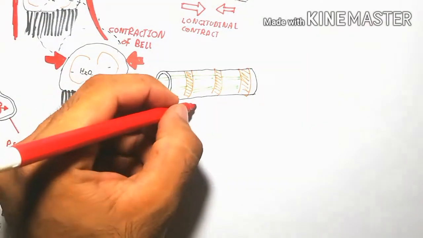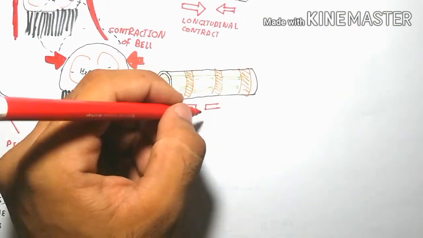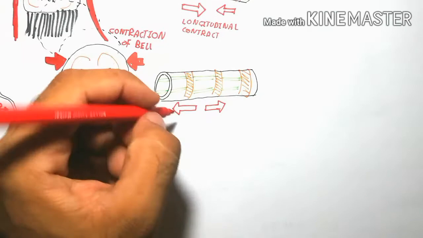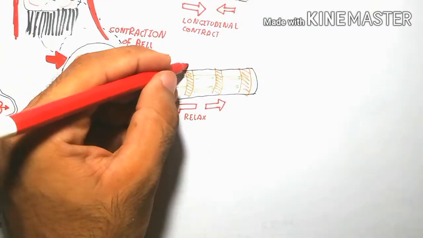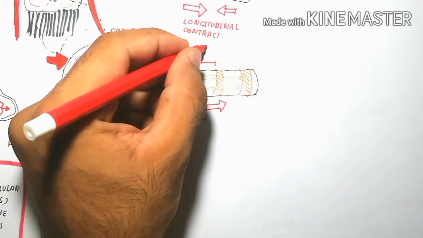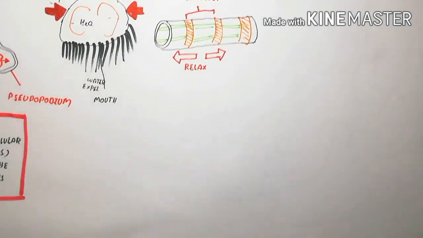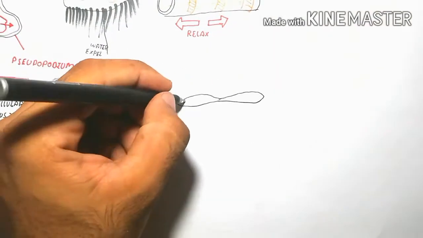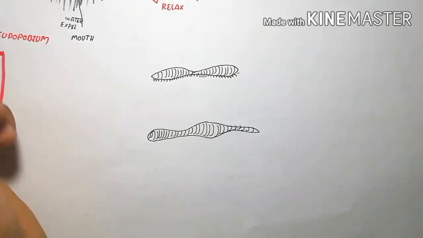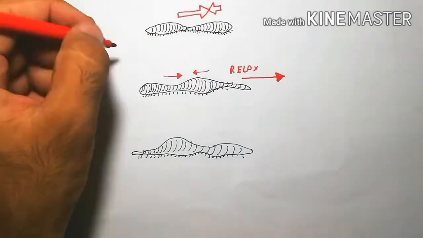When it contracts, it shortens the length of the earthworm, and when the longitudinal muscle relaxes, the length increases. So the increase in length is due to the relaxation of the longitudinal muscle and the contraction of the circular muscle. There is an antagonistic workout performed to move the earthworm.